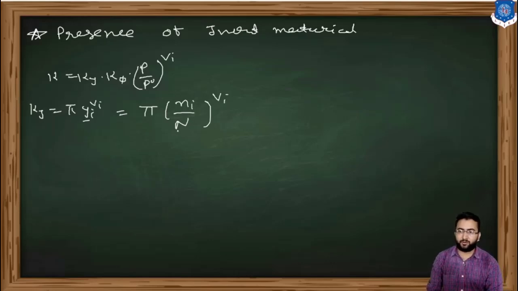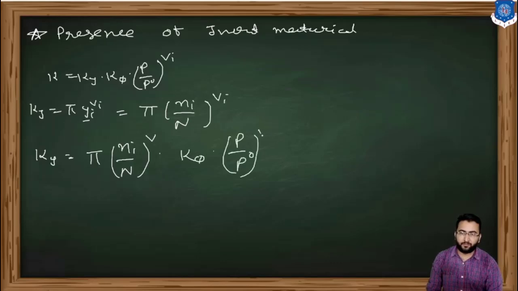So using this value, the equation becomes Ky is equal to the product of ni upon N whole raised to V, into K phi into P upon P naught whole raised to V. There is only V, there is no Vi, because we are considering total pressure.